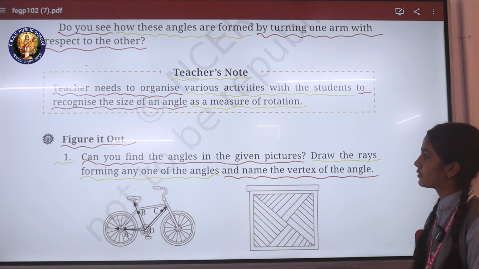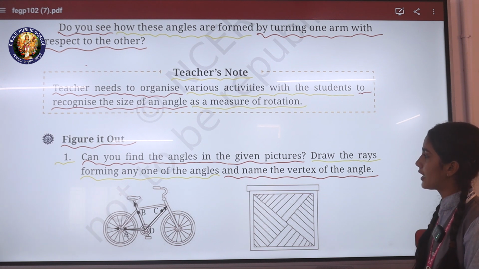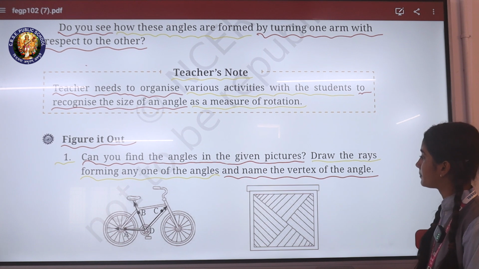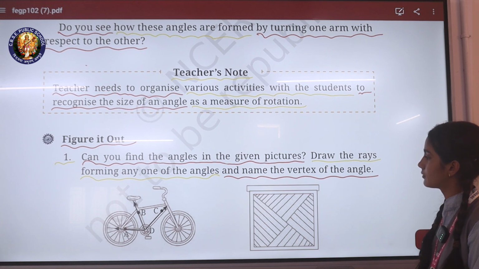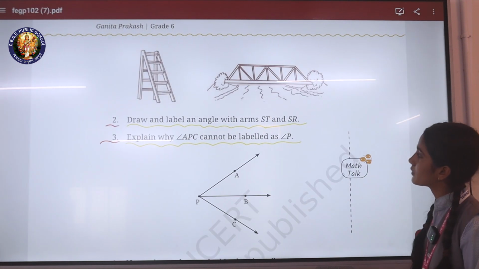Figure it out. Number 1. Can you find the angles in the given pictures? Draw the rays forming any one of the angles, and name the vertex of the angle. Number 2.